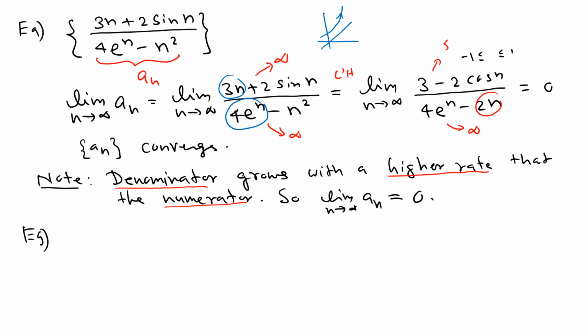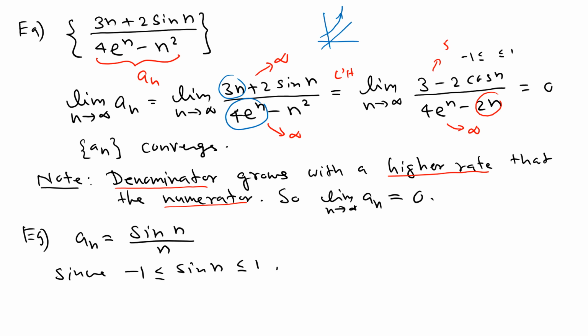How about this one? Let's say your nth term is simply sine n over n. We know that sine n is always between 1 and -1, so the numerator is stuck between 1 and -1. The largest value is 1, but the denominator grows indefinitely.